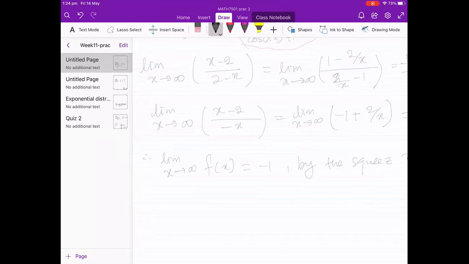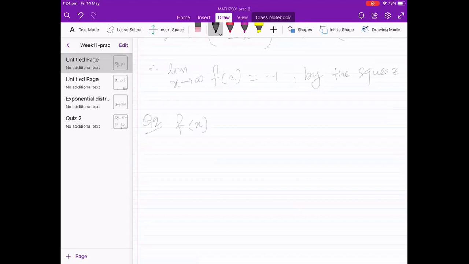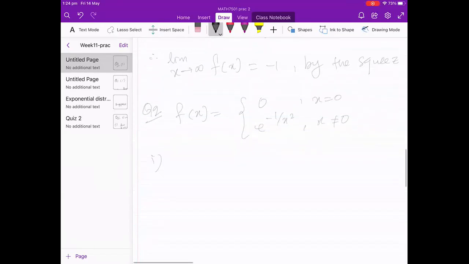Question 2 is, I'm hoping you have the questions with you. You're given f(x) equal to 0 at x equals 0, and e to the power minus 1 over x squared for x not equal to 0. Okay, first part is show that f is continuous at any non-zero value of x.